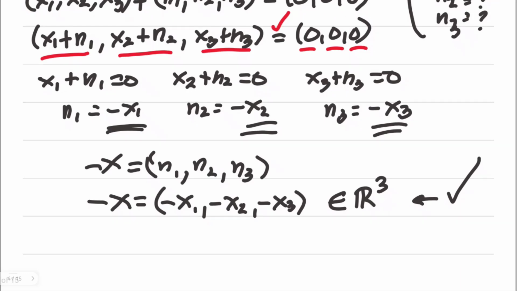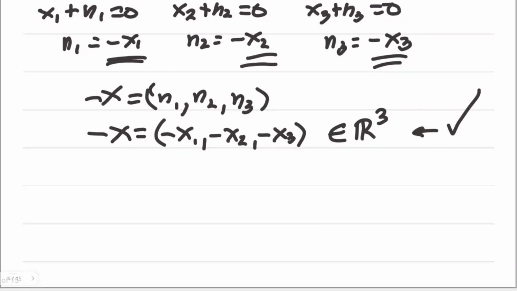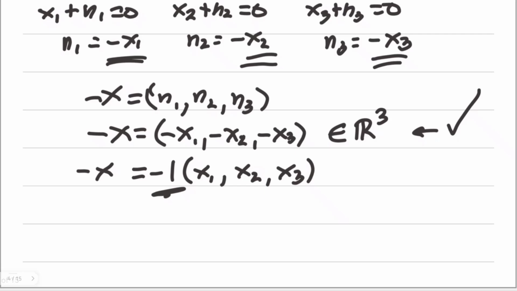My point earlier of showing this in terms of n would also be written differently if I simply factor out negative 1, because we have, of course, scalar multiplication. So negative x is negative 1 times x sub 1, x sub 2, and x sub 3. Obviously, this further shows that the inverse of x is simply the negative of that same vector.